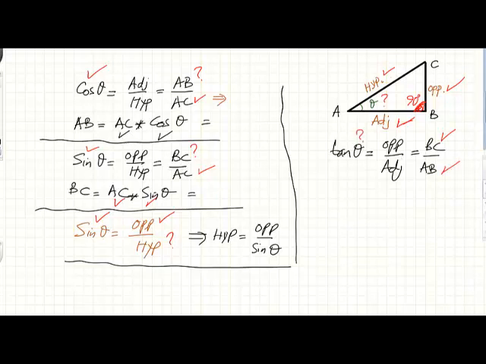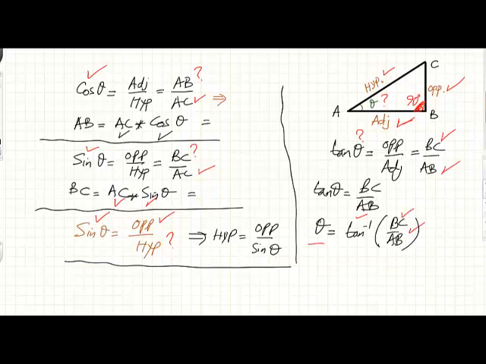So let's just write this: tangent theta is equal to BC divided by AB, and what we do is say theta is equal to tangent inverse of BC divided by AB, and these are known, so we get the value of theta.